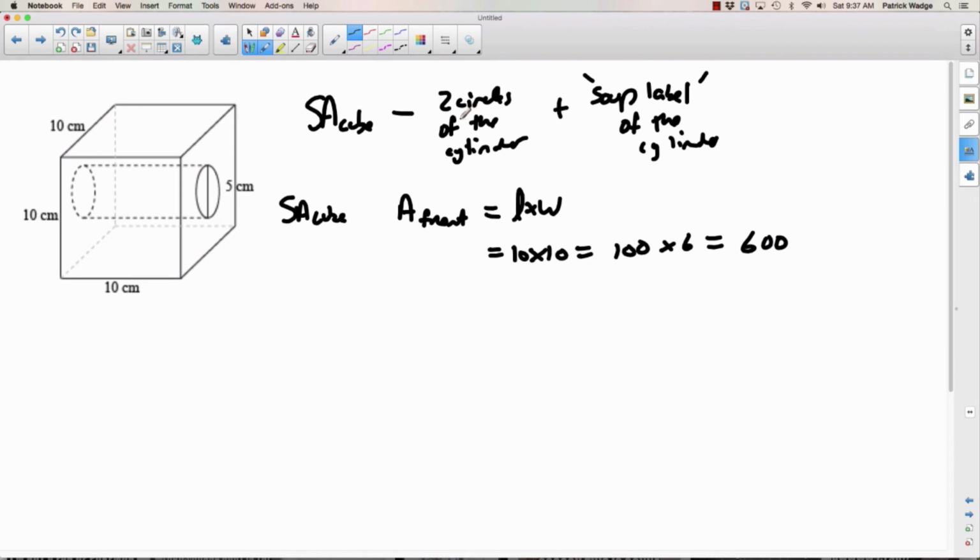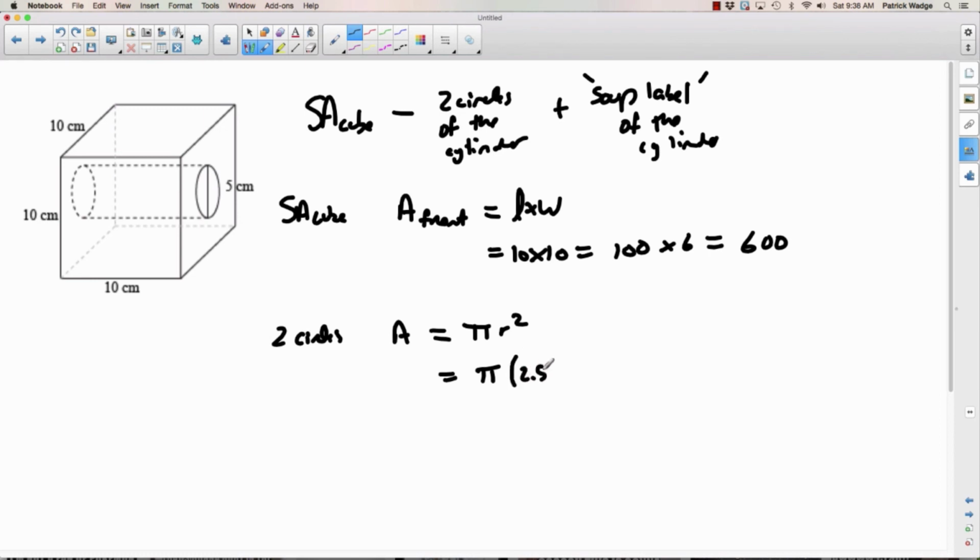All right, now we're going to take away the 2 circles. So I'll put 2 circles, and we're going to get the area of just one of the circles. So what's the area of a circle? Pi times the radius squared. So pi times, what's the radius? I think this 5 is supposed to be the whole way, unfortunately, because that means that our radius is half of 5, and it's 2.5.